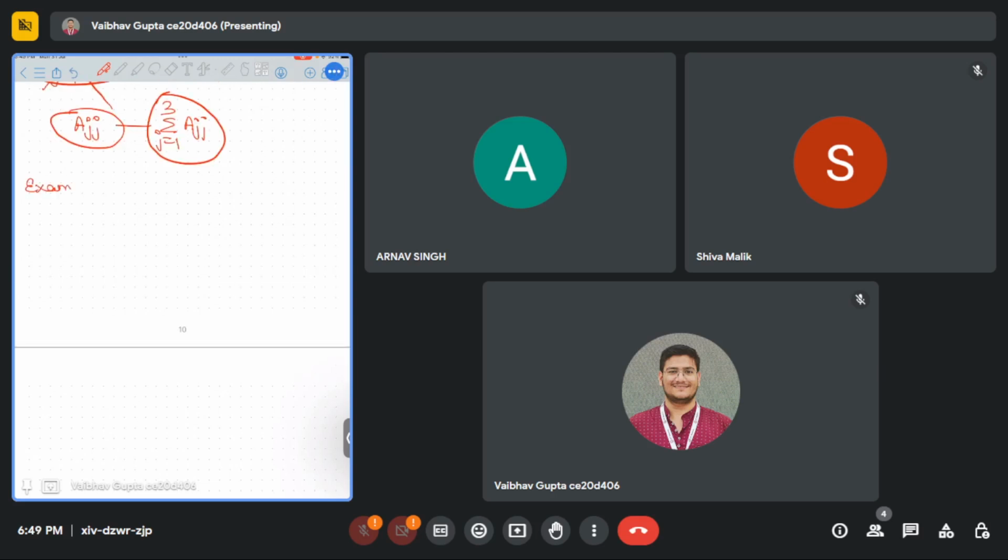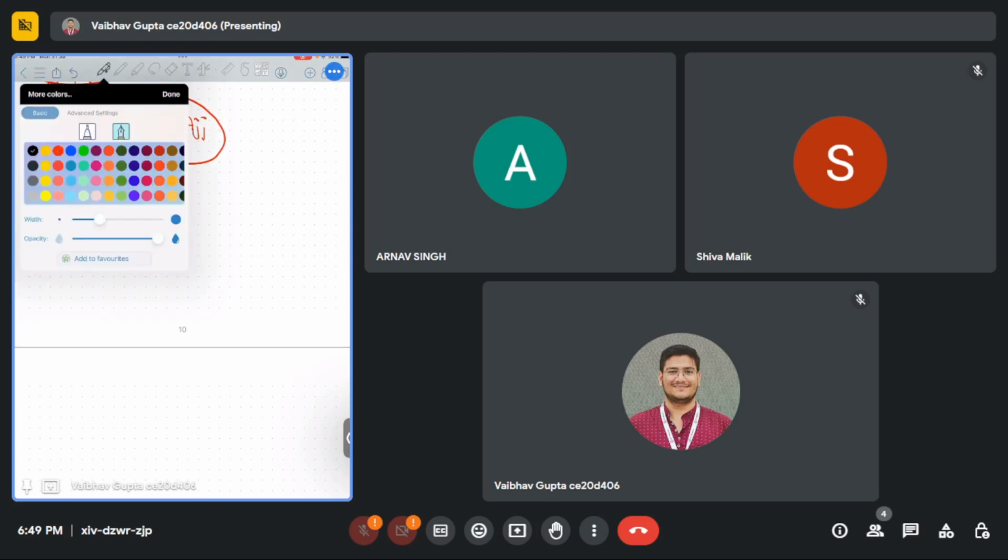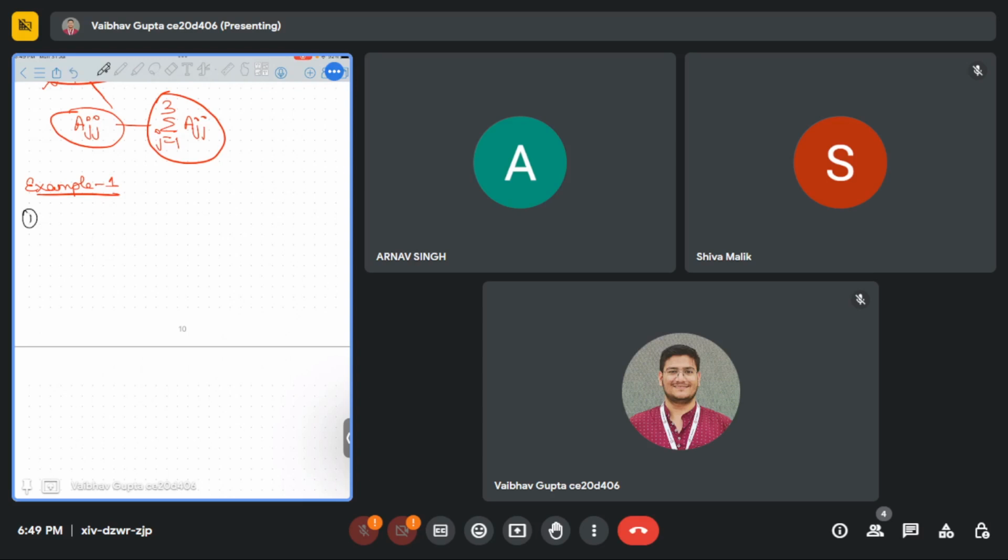Example 1. Ai Bj equals Ci Dk minus Ek. Okay. First of all, is this expression valid or not?